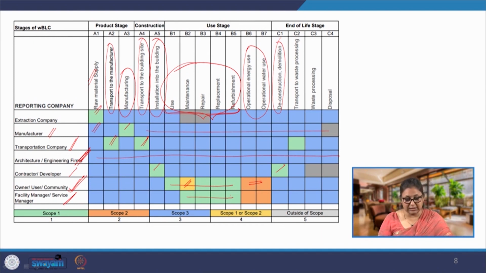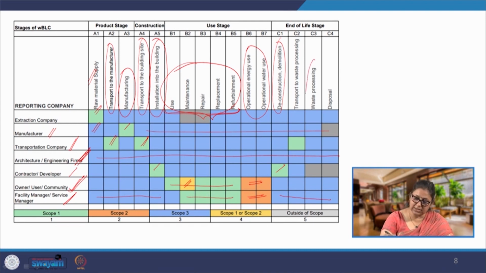The operational energy use and operational water use, which take place due to the maintenance, repair, replacement and refurbishment, could be counted as scope 2 for the facility manager. The rest of it is scope 3.